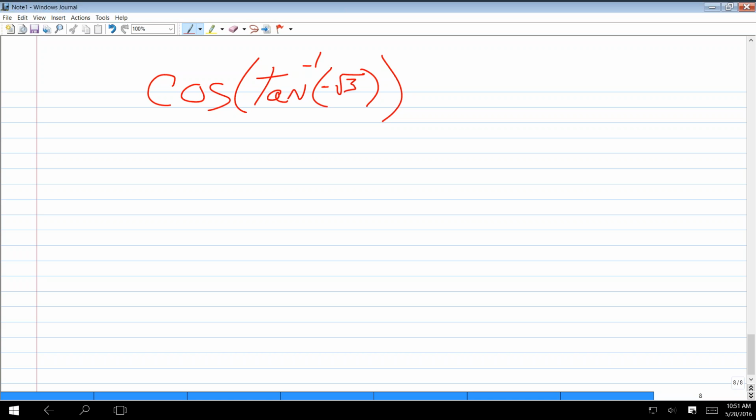Okay. So you've had inverse trig functions, and let's talk about inverse trig functions for a moment. We always take trig functions of angles to get ratios. We always take inverse trig functions of ratios to get angles.